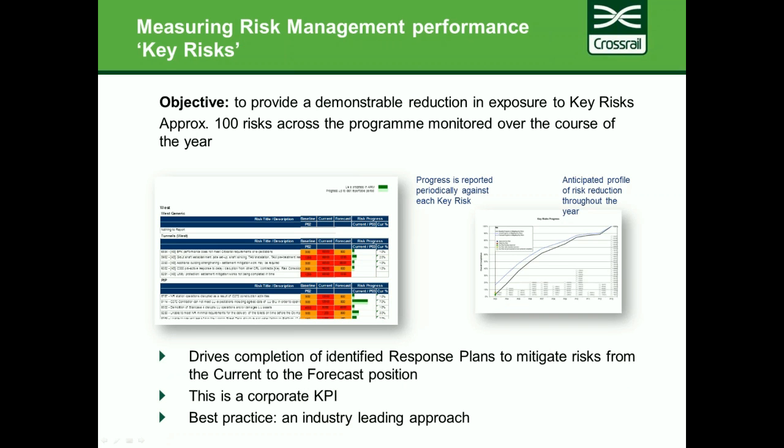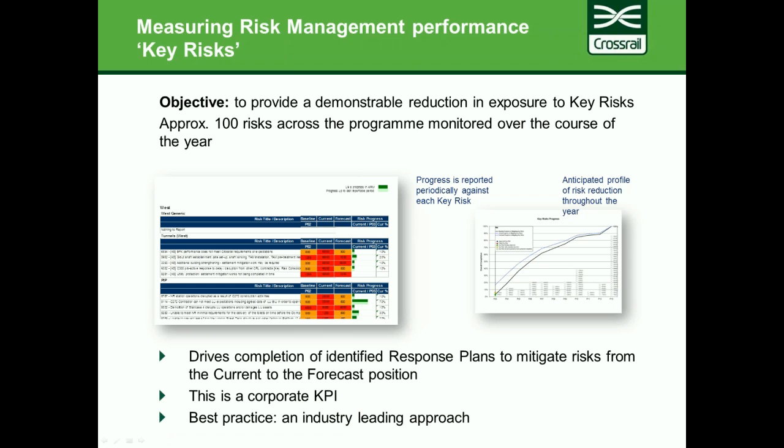So essentially, on an annual basis, in response to the performance year, which at Crossrail runs from April to March, effectively a financial year, we identified 100 risks across the organisation from a set of probably 2,500 to 3,000 risks which we were holding in ARM. We asked account managers to identify risks in their area, to a total of about 100 risks, and we monitored the successful mitigation of those.